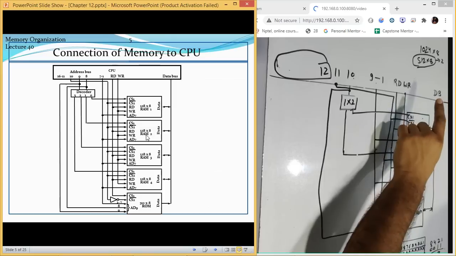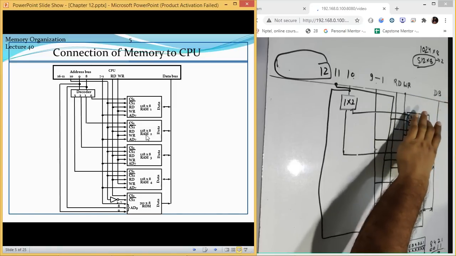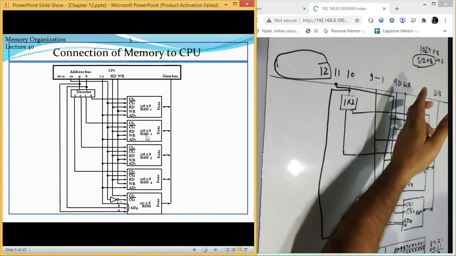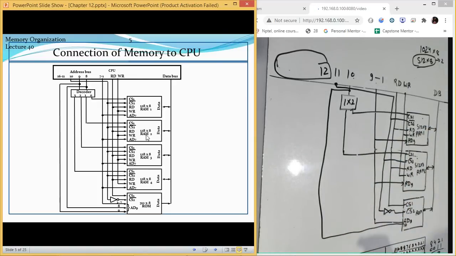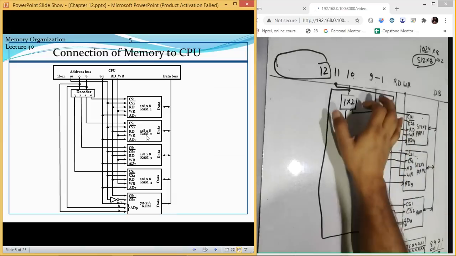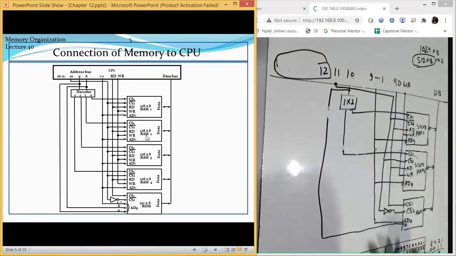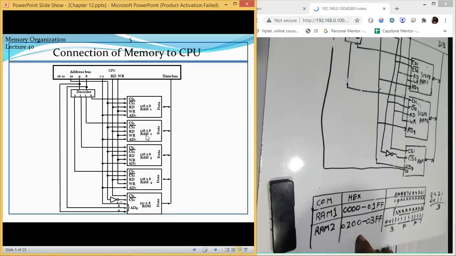Sorry, 10 chips. Like if it is 128 for 1024, you can calculate how many number of chips we need, and according to that the size of decoder will change, the addressings will change, but you have an idea how you can calculate. So this is all about our addressing and connection to memory from CPU.